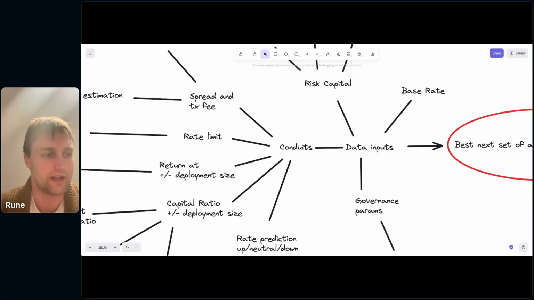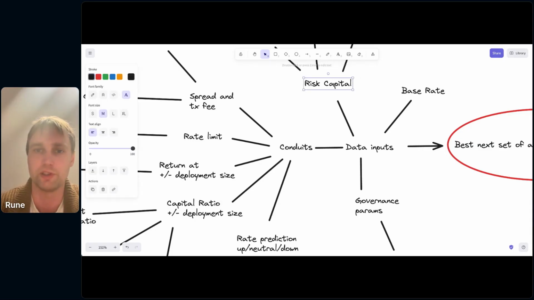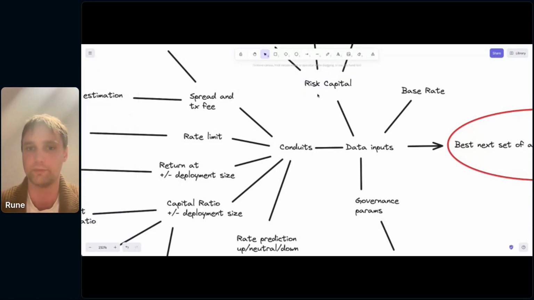Instead of Sky trying to solve all that by itself, you have all of the stars doing that individually, and crucially, having them put up their own risk capital. The stars are the ones taking the risk, the risk of first loss. So Sky is really well insulated, and USDS is really well protected as an asset.